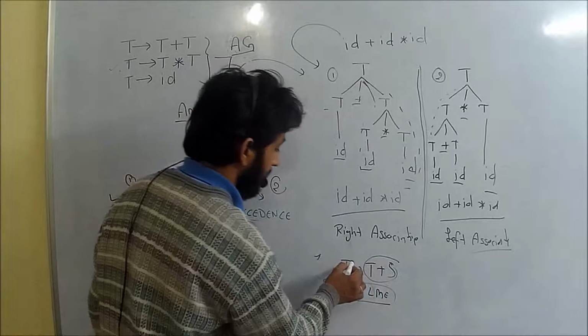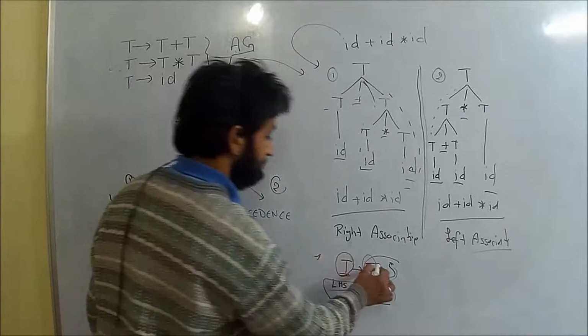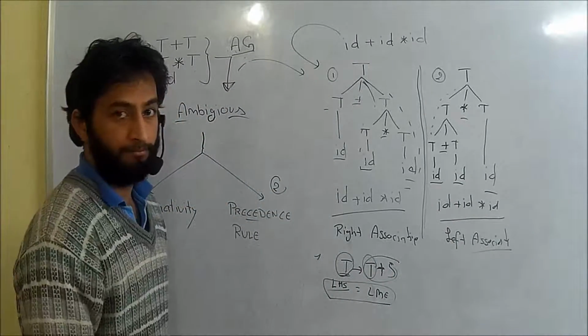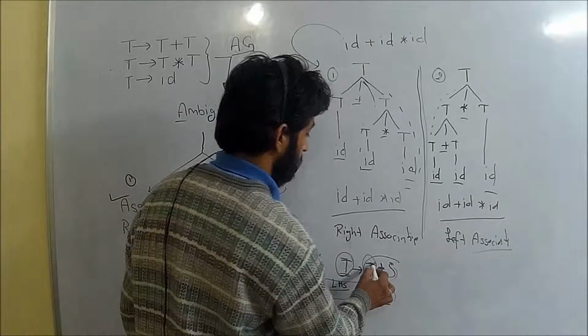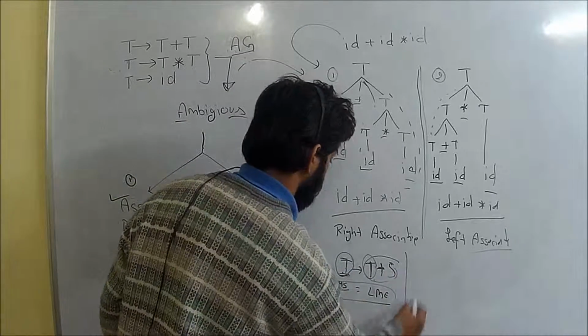When this one and this one are the same, then we can say that the plus is left associative, because the leftmost element of the production is the same as the left hand side.